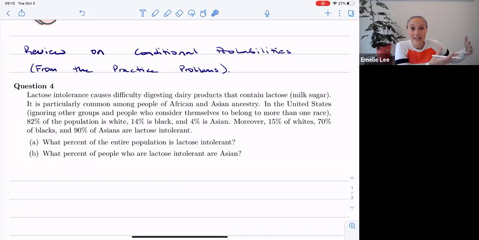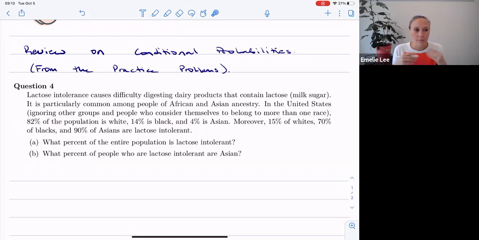But we have to say that, right? Because we are ignoring that for this question, right? Then 82% of the population is white, 14% is Black, and 4% is Asian. We're assuming that those are the only categories. We know that's not true, right? So it's a very simplified question, okay?